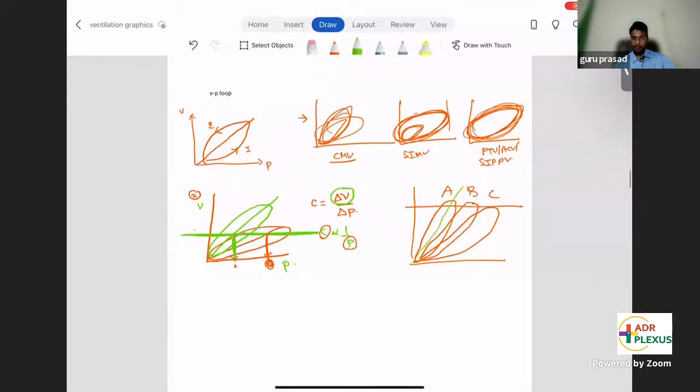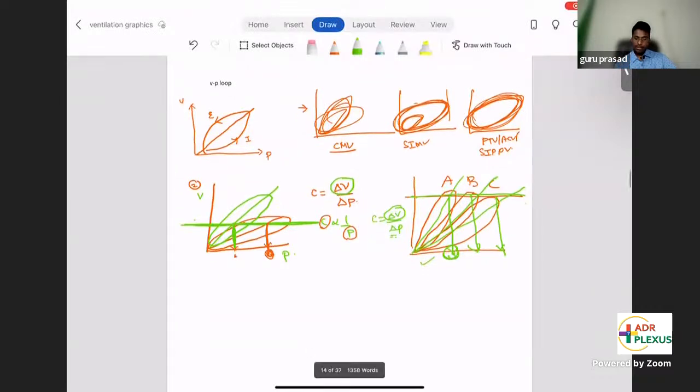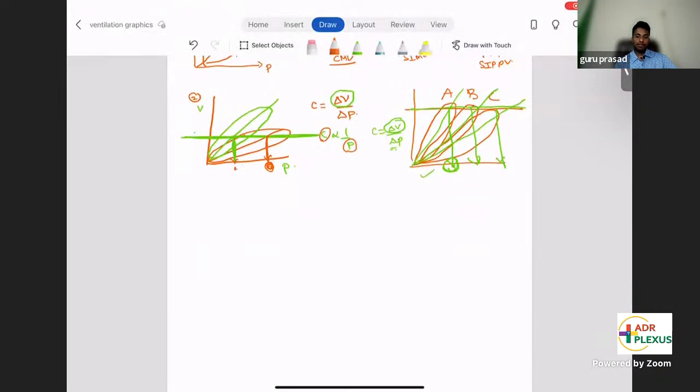Yes, excellent, A. So when you draw three lines, compliance is equal to change in volume by change in pressure. Here volume is constant, so we see which is requiring less pressure, A, B or C. The A graph is requiring less pressure. So A has more compliance because it requires very little pressure to generate a unit amount of volume.